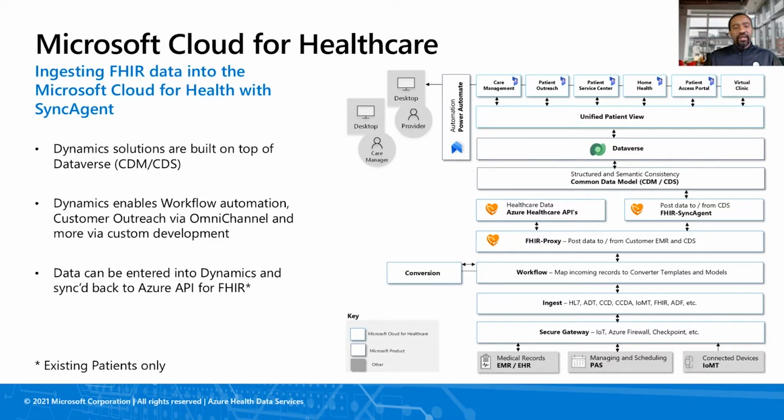So in less than a second, information that is passed via FHIR will show up in your Microsoft Cloud for Health. And this is actually a two-way sync. We've got rules in place for data mapping as well as sending data back into the FHIR environment.